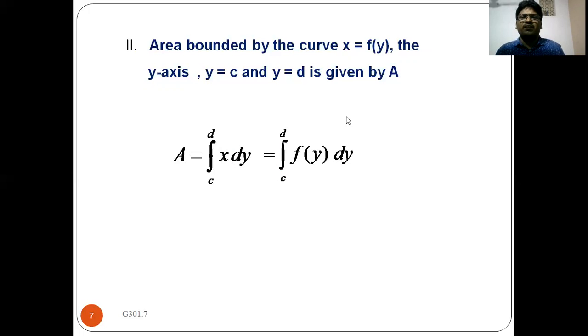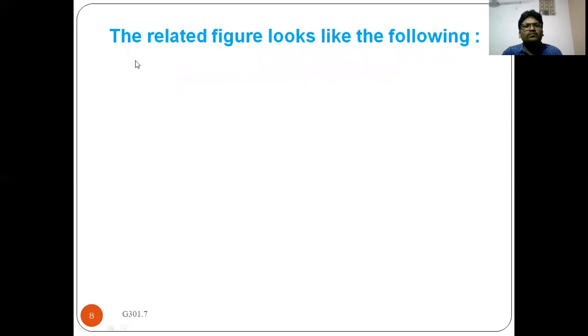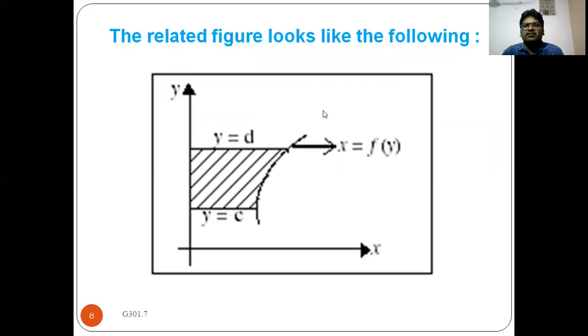Here x is equal to f of y from the given equation. See here, the related figure of this curve is as follows. We draw the line y equal to c on the y-axis, parallel to the x-axis, and y equal to d on the y-axis, another line parallel to the x-axis.